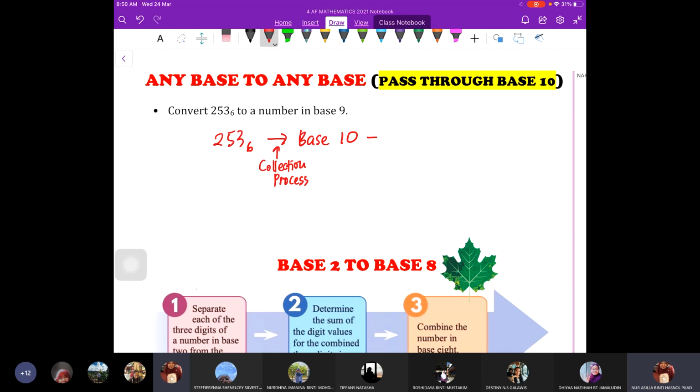Okay. Baru kita tukar kepada base 9. So kat sini kamu ikutlah nak division by place value ataupun division by digit value.